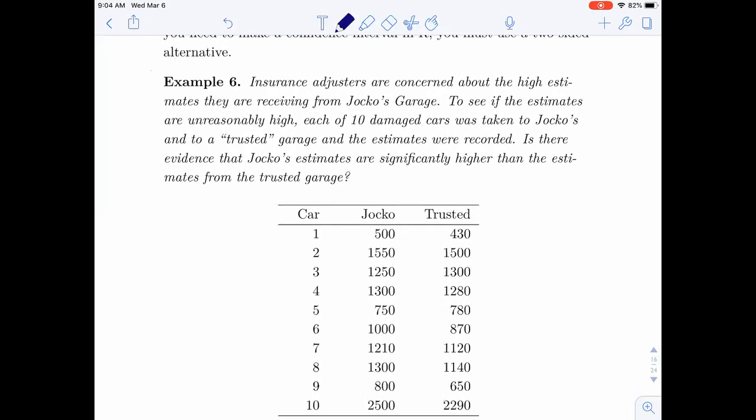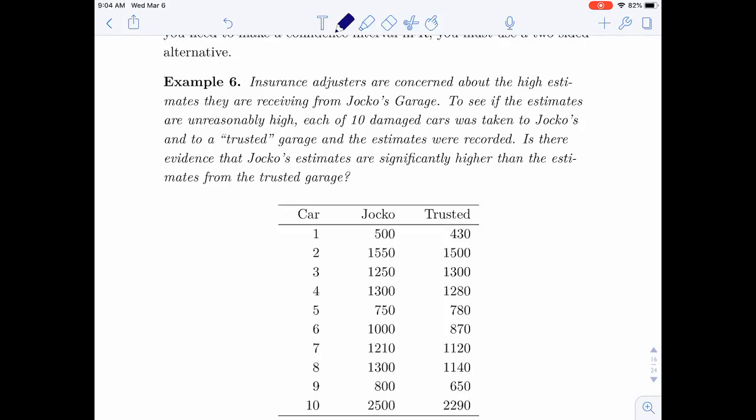And so insurance adjusters are concerned about the high estimates they're receiving from Jocko's Garage. Sounds like bad news. To see if the estimates are unreasonably high, each of 10 damaged cars was taken to Jocko's and to a trusted garage, right? So they have a garage that they trust their estimates, and then they're going to compare those estimates to Jocko's estimates. So they've got 10 cars, right?